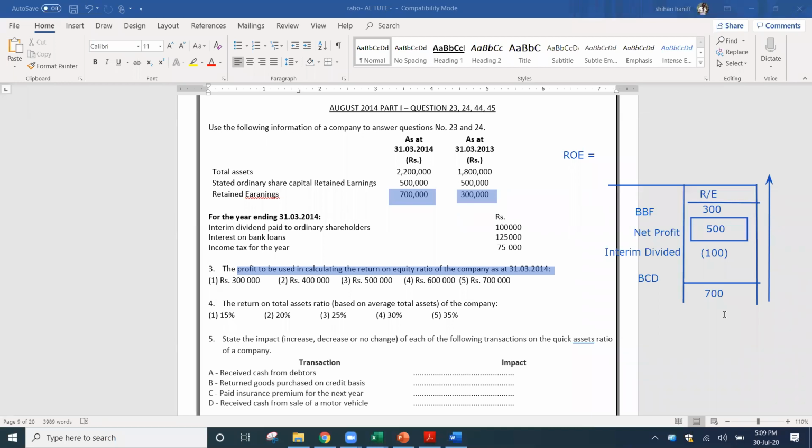So the net profit belonging to the equity shareholders will be 500.